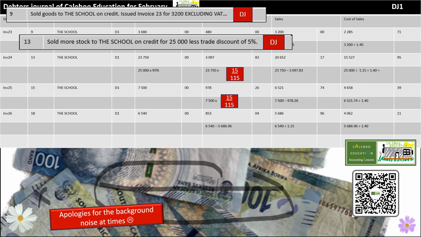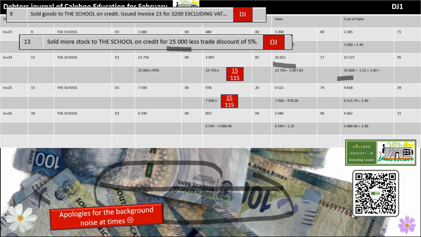So even though the school was given trade discount, we can't calculate the cost of sales on the amount after the trade discount. We need to go back to the amount before the trade discount. The sale was 25,000.